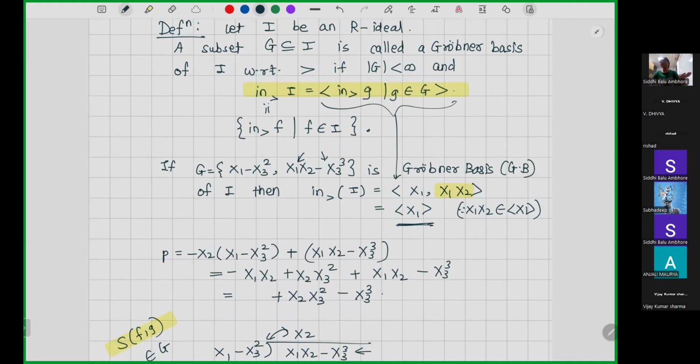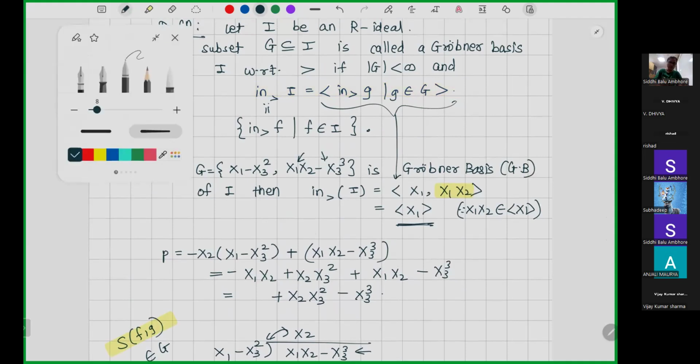So for now, we got a counterexample. We wanted to check this equality, right?